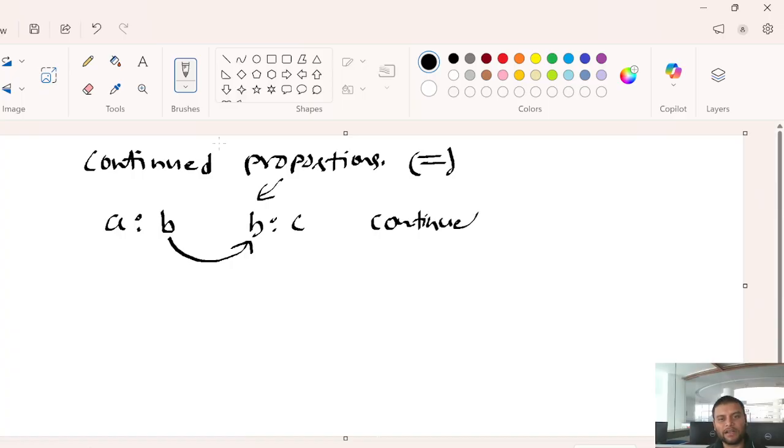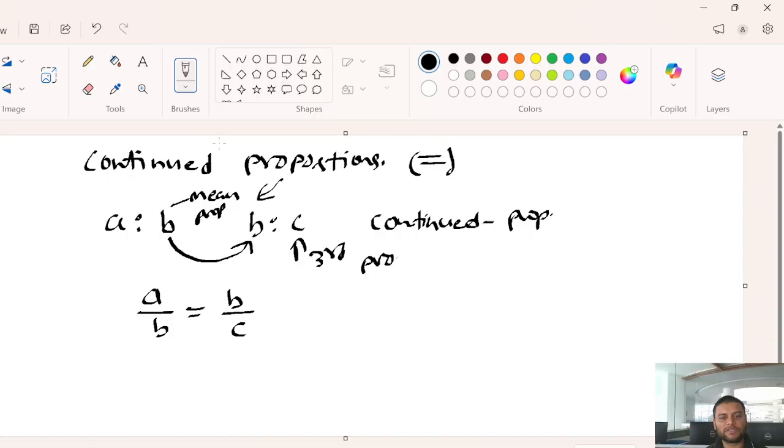Here, friends, A by B is equal to B by C, and you can also say B is called the mean proportion, C is called the third proportion, and A is called the first proportion. In continued proportion, there is no fourth proportion; the D term is not there.